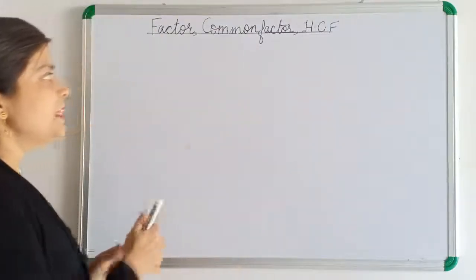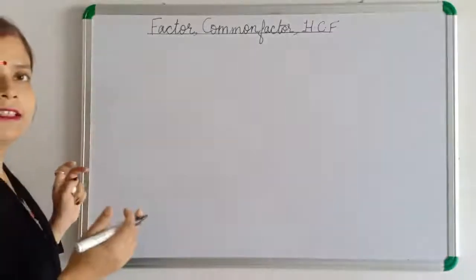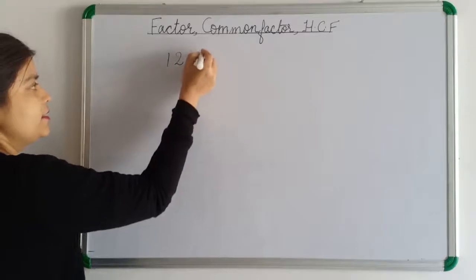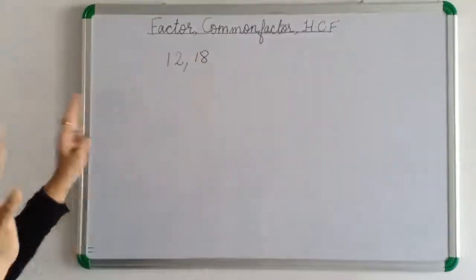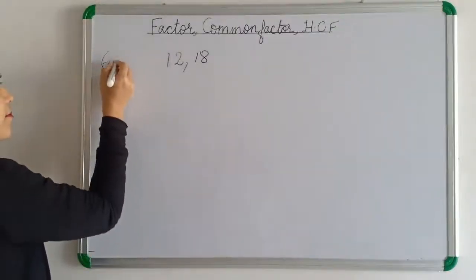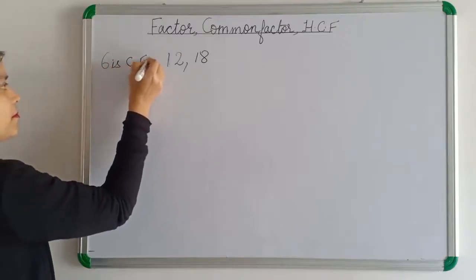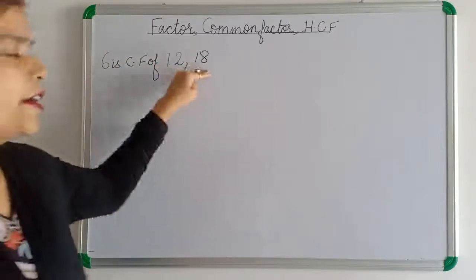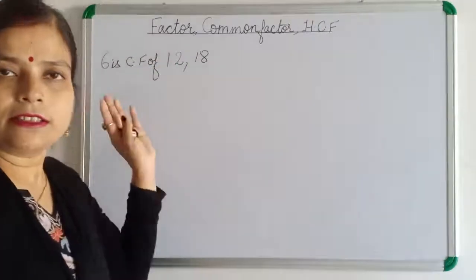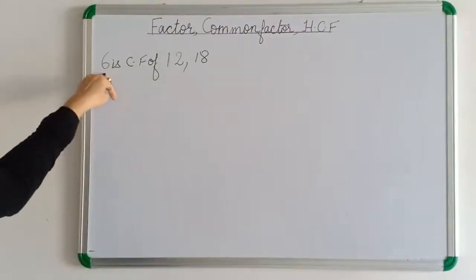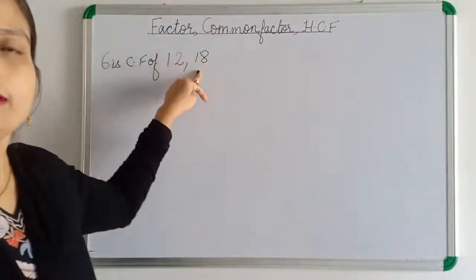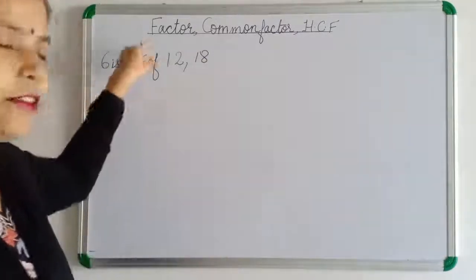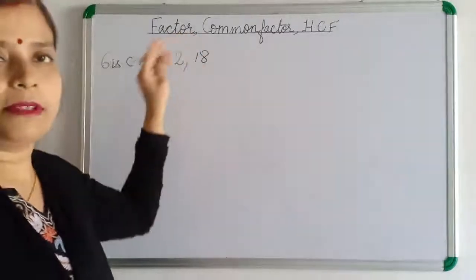For example, if I say that 6 is a common factor of 12 and 18, that means if we divide 12 by 6 or 18 by 6, we will get 0 remainder. Means 6 can divide 12 and 18 perfectly, both the numbers.